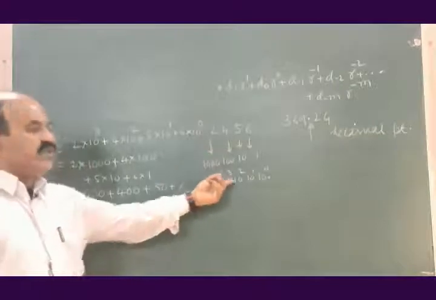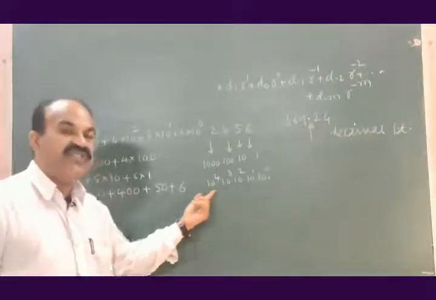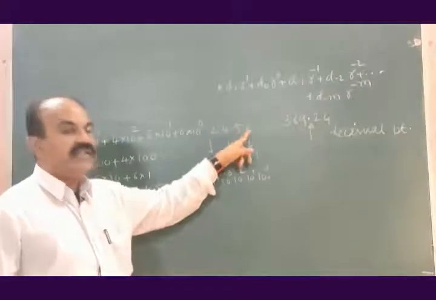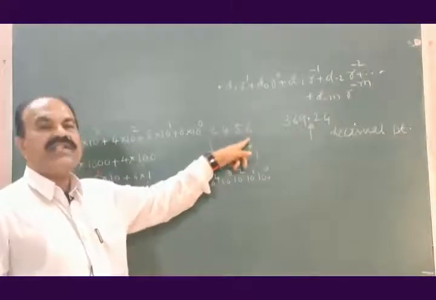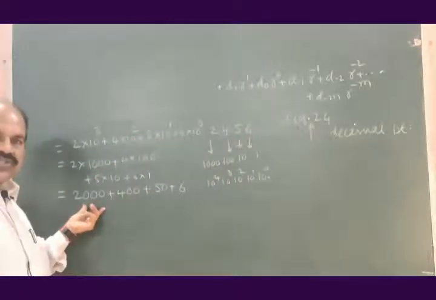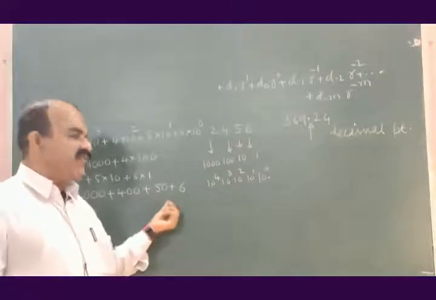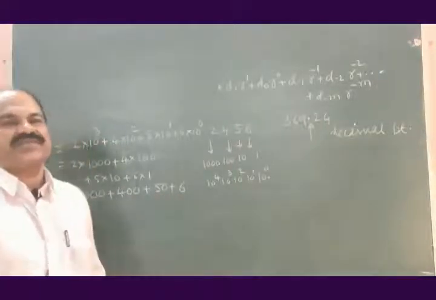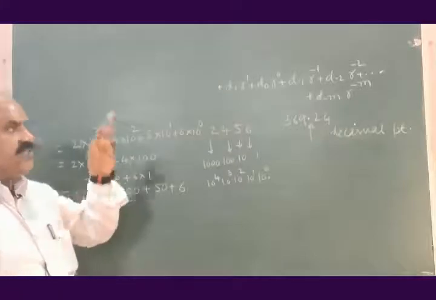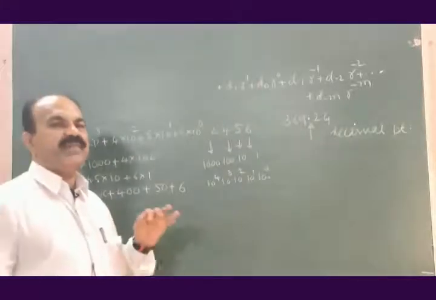Using these weights of the digits in this number, we got 2 as 2000, 4 as 400, 5 as 50, 6 as 6. Therefore, this number system is known as positionally weighted number system.